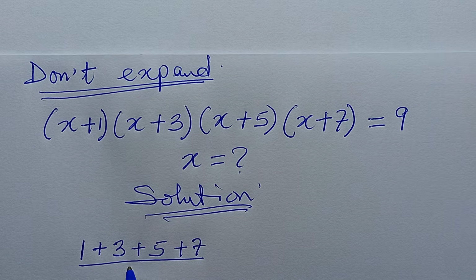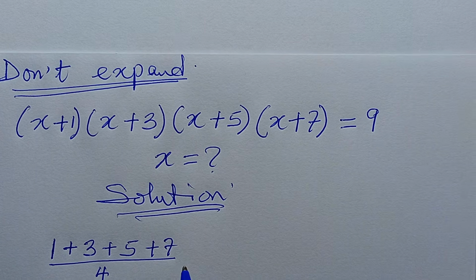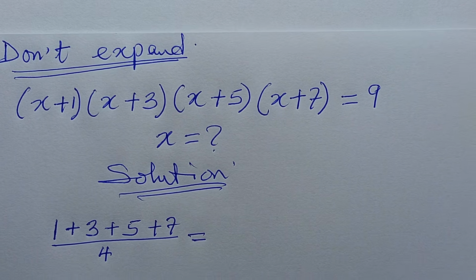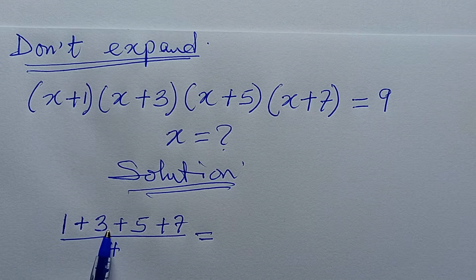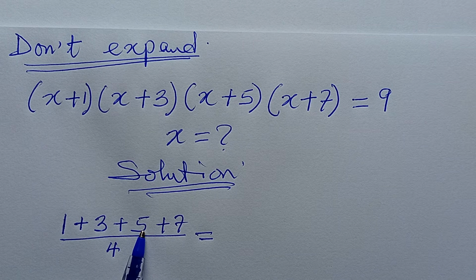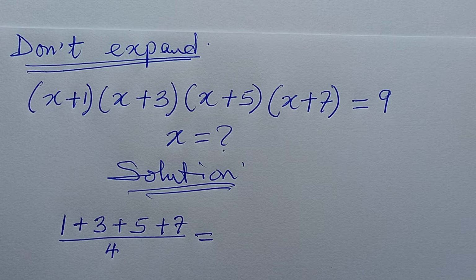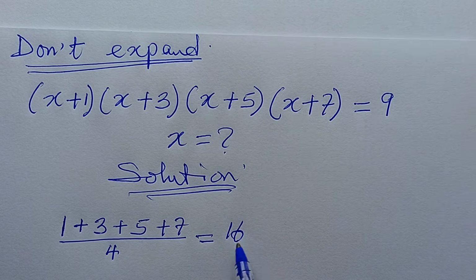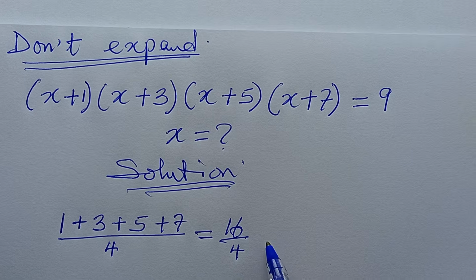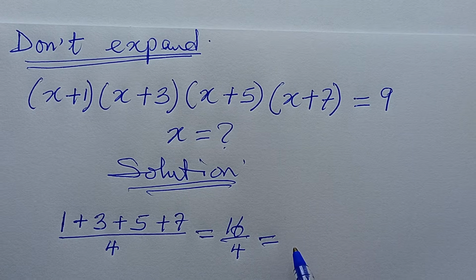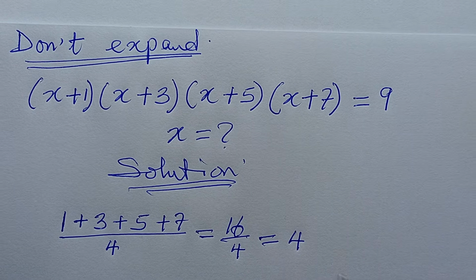We have 4 of them. So let's add up everything here. 1 plus 3 will give us 4, plus 5 will give us 9, then 9 plus 7 will give us 16, all over our 4. And if you use 4 to divide 16, that will give us 4.